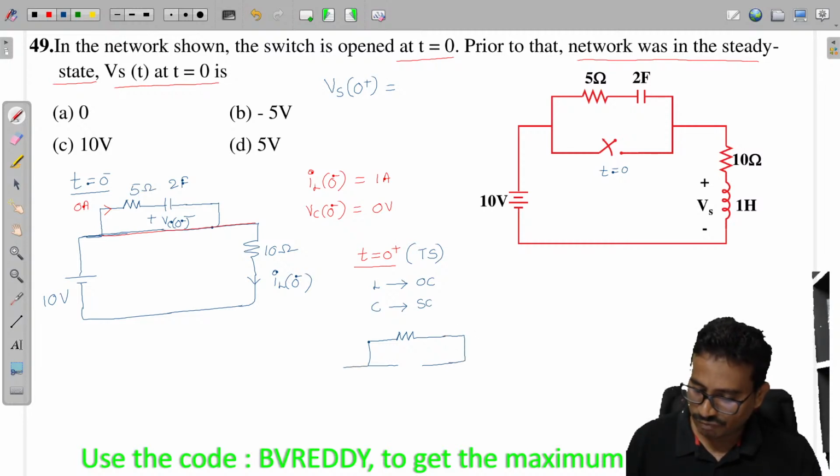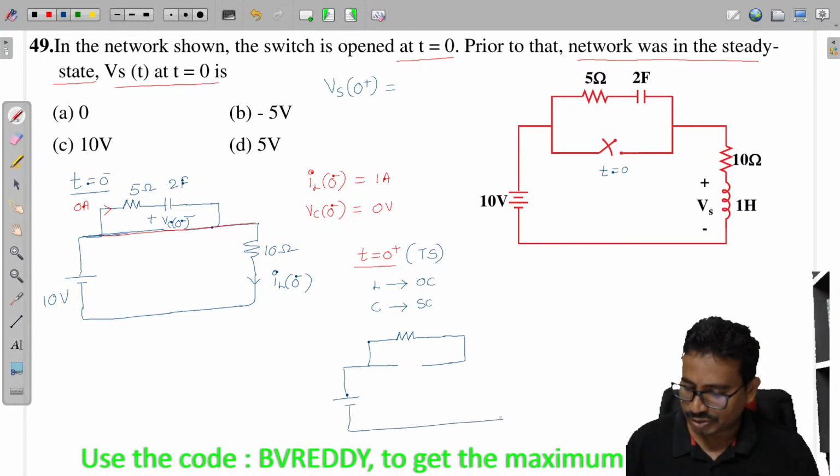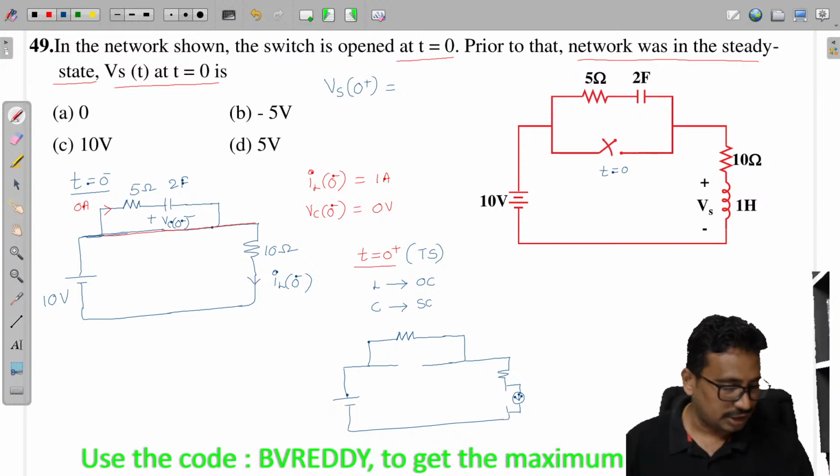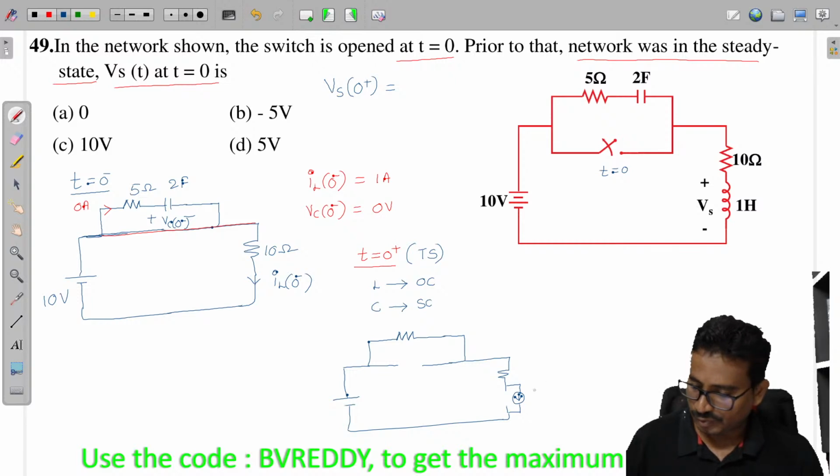The initial value of the capacitor is equal to 0, and voltage 0 means we can make it a short circuit. Now this inductor is open circuit with the initial current. How much is the initial current of the inductor, you tell me? It is given as 1 amp.